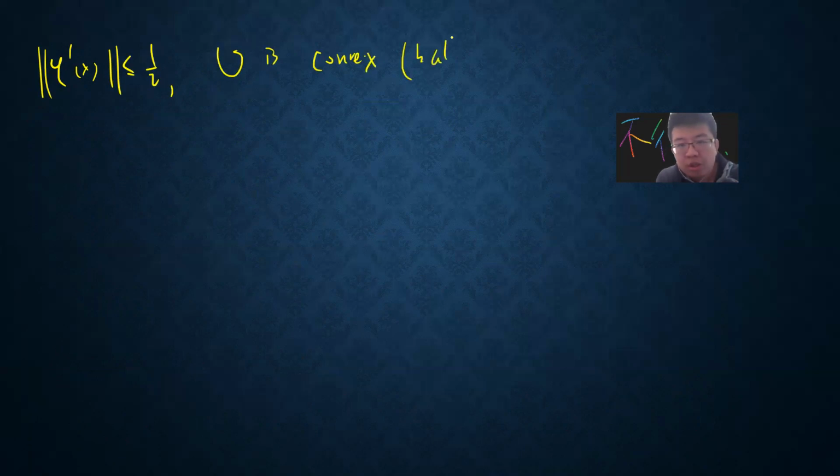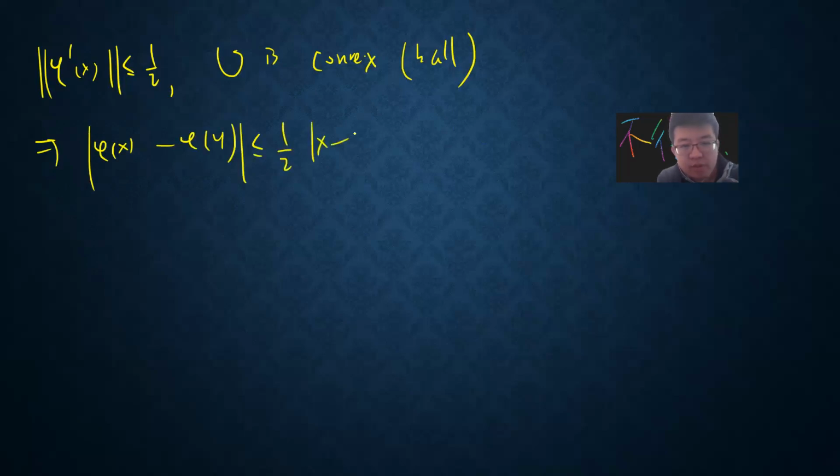Since the differentiation is less than or equal to one half, and U is convex because U is a ball, this tells you that the norm of phi of x minus phi of y is less than or equal to one half the norm of x minus y. Okay, so this is the trick that we will use.